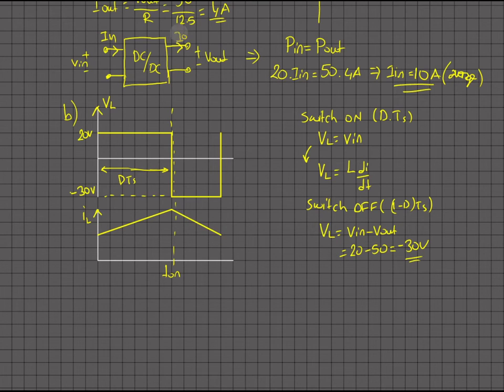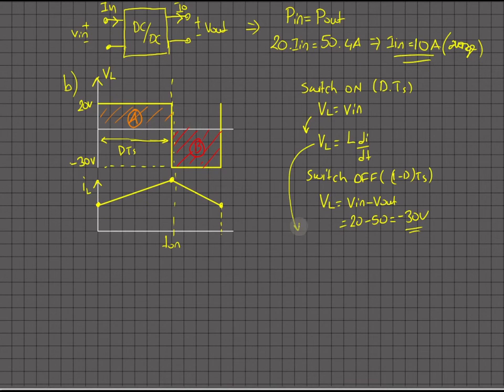Based on all the assumptions we made, let's say this is area A, and this is area B. This is how we define steady state conditions, because you can write that equation as I at t is equal to 1 over L, integral from 0 to t of VL dt, plus the initial current, right?